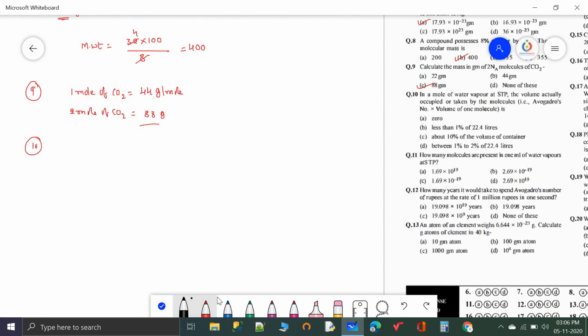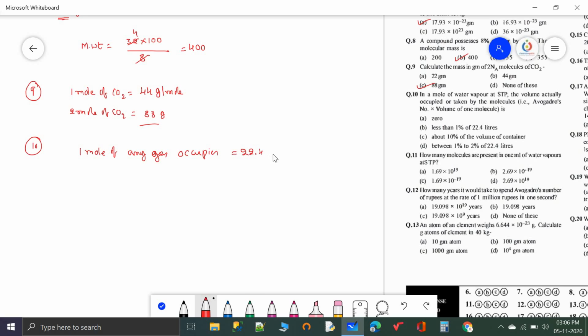Let us solve question number 10. In a mole of water vapor at STP, the volume actually occupied by the molecules is... see, we know that 1 mole of any gas occupies 22.4 liters at STP.